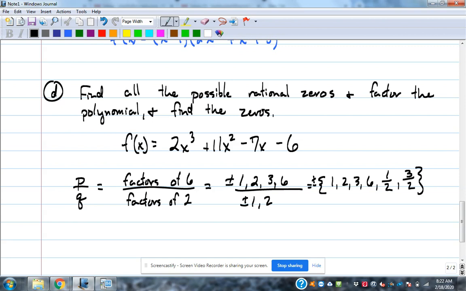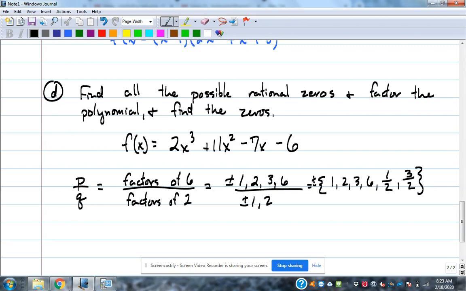You had to pick one, do synthetic division with it. If you got a 0 remainder, yay, you got lucky. If you didn't get a 0 remainder, start over, pick another one, and go from there. So you guys have the nicety of the graphing calculator that can help you determine which one to start with to start breaking down your polynomial.